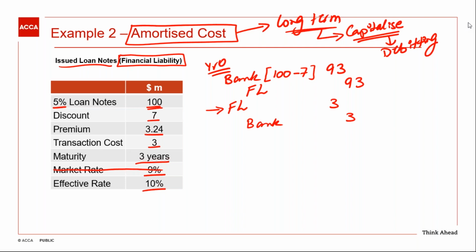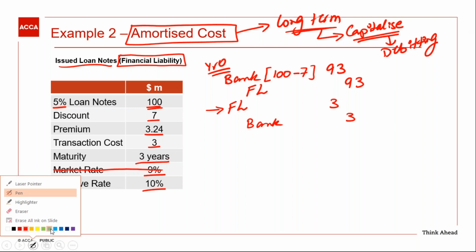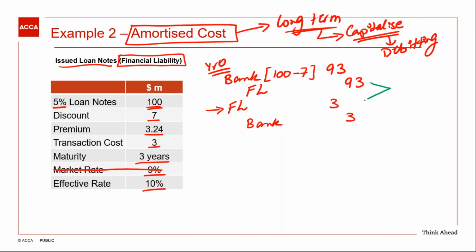So in any case, either financial asset or financial liability, the transaction cost will be capitalized. So this will result in the financial liability being measured at 93 minus 3, because 93 was a credit and 3 is a debit. So the net value will be 90.